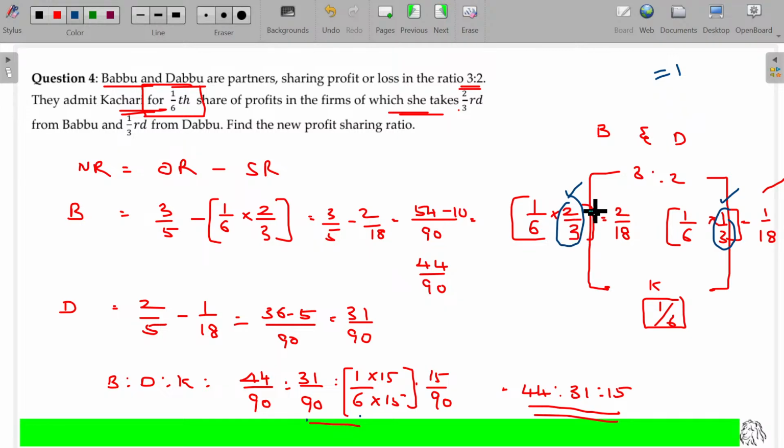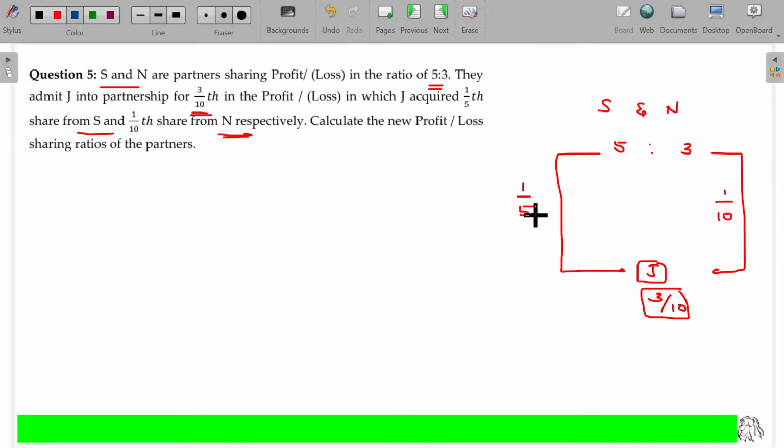If the profit he gets from B and D and ratio is also given, if the summed up value is 1, then from 1/6 multiply and then you subtract. Multiply and subtract. But here 1/5 and 1/10, if you sum this, will you be getting 1 or not? You don't get 1.